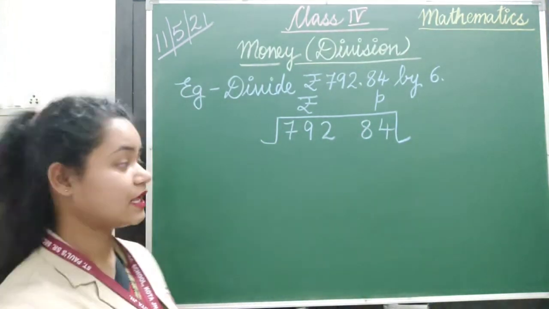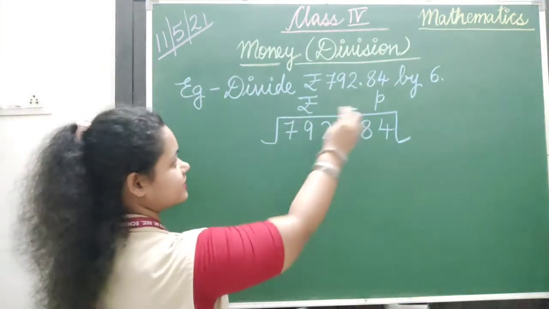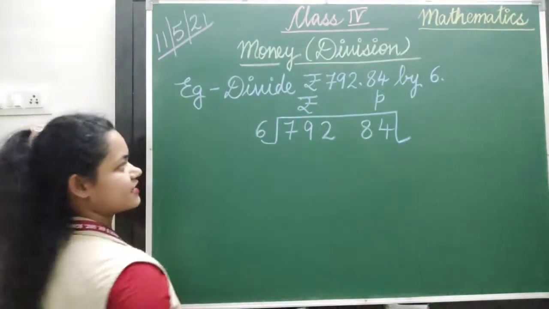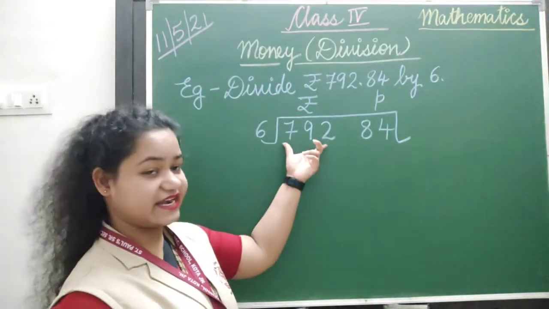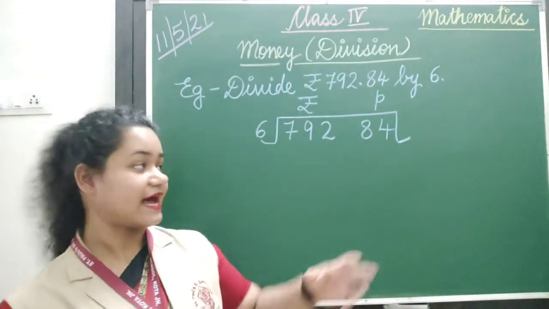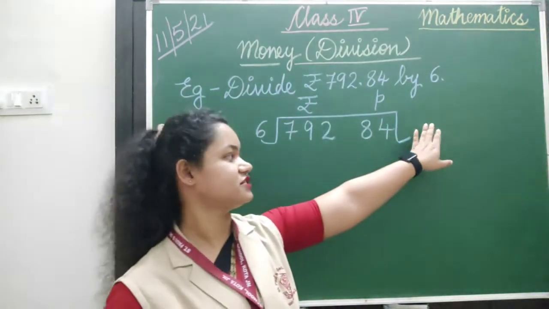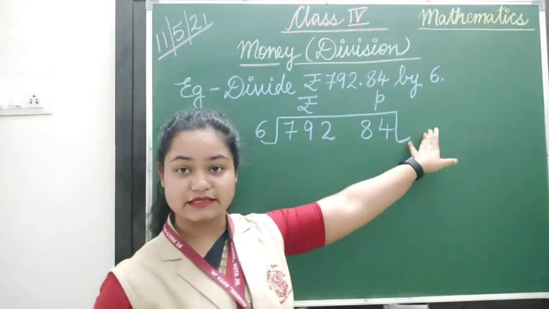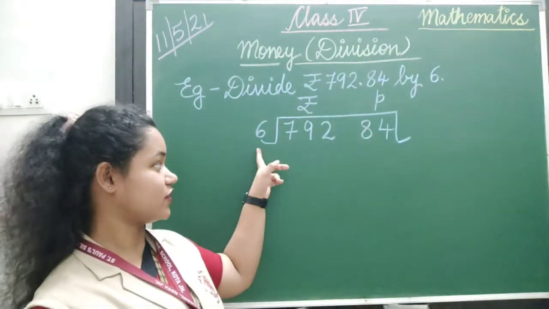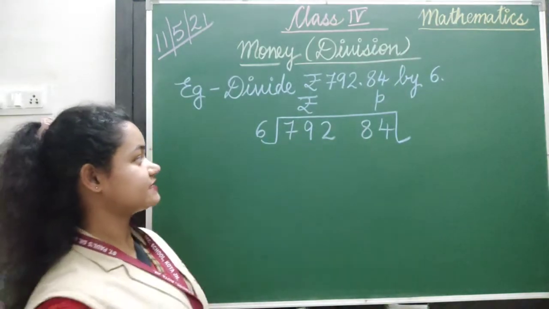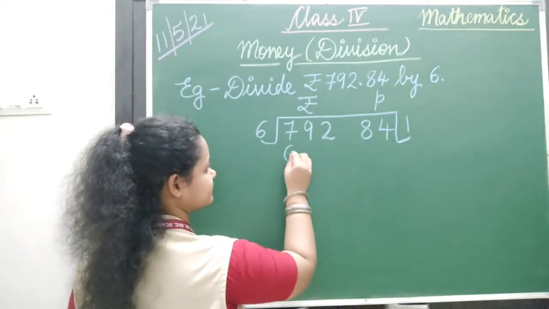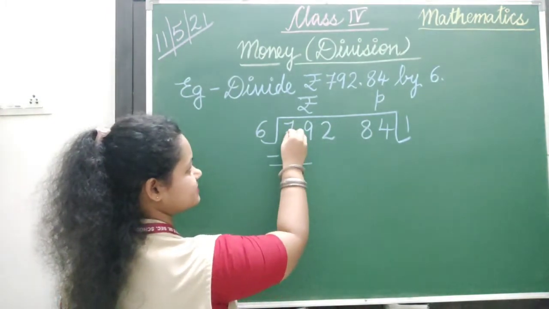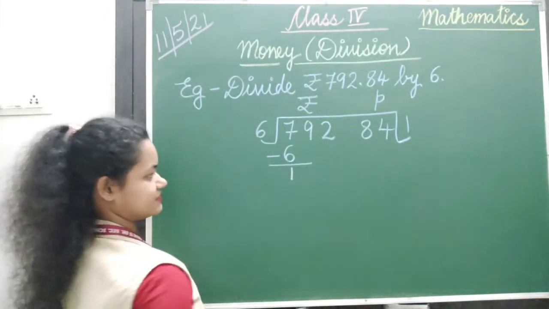Now I have to divide it by 6. On dividing, the quotient which I will get, I will not write it here, I will write it here. This is the first way of doing it. So 6 ones are 6, 7 minus 6, 1.